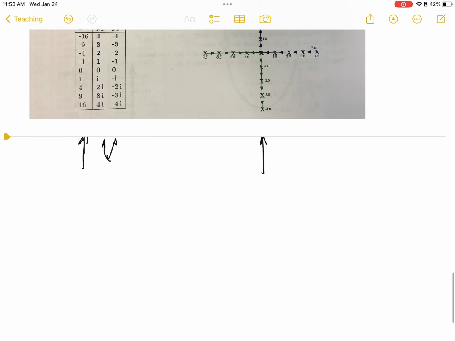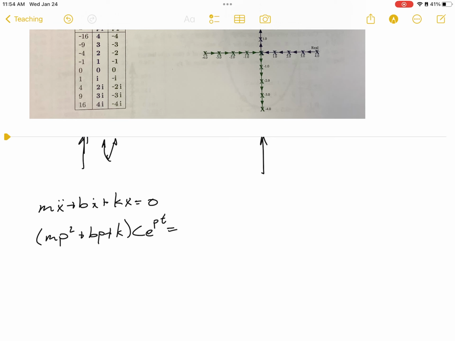For a second order system, say we have a system that's m x double dot plus b x dot plus k x equals 0. I'll rush through the method of assumed solutions here. We would end up with m p squared plus b p plus k, times c e to the pt, equals 0.